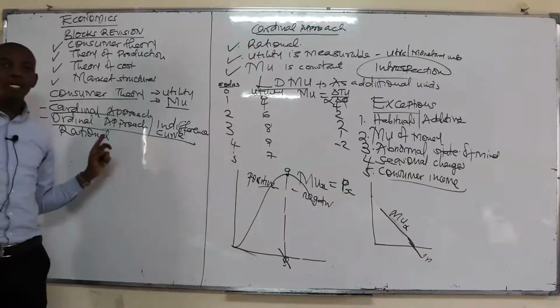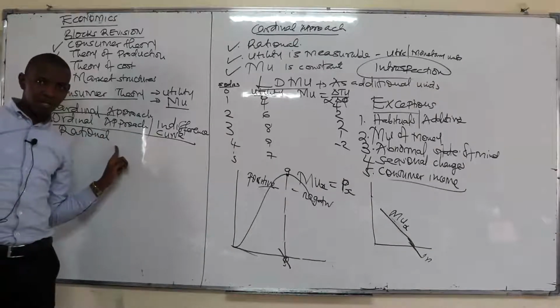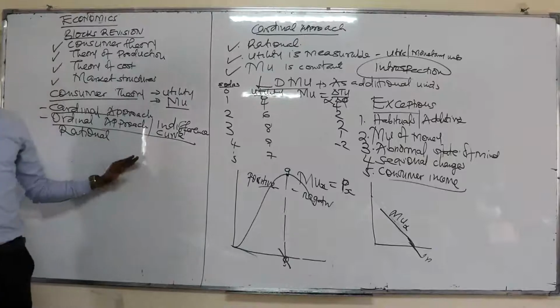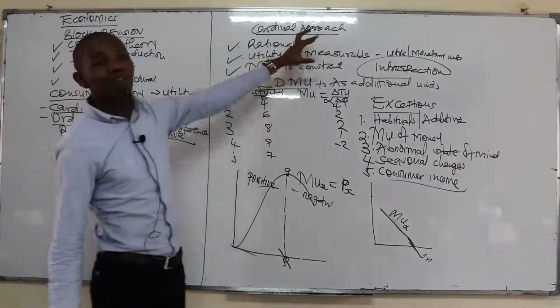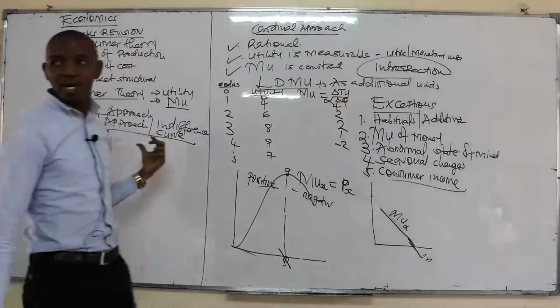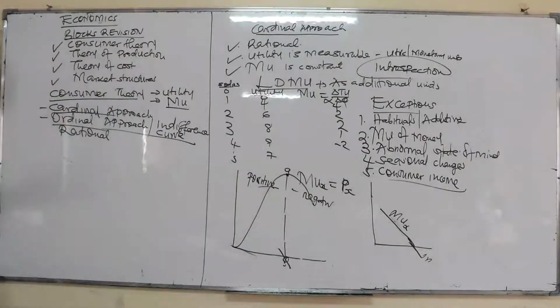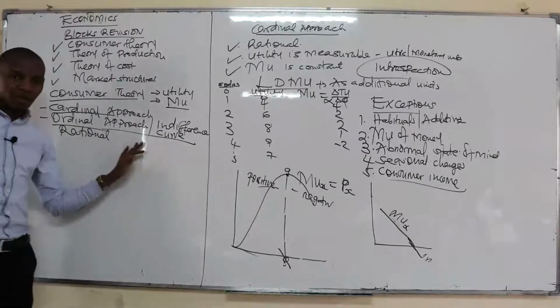Are we together? That is now the difference. In the other case, it's on the basis of income only. This one is on the basis of the market prices of the same commodity.